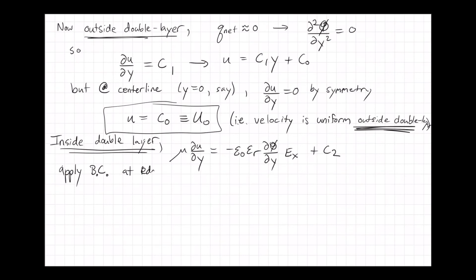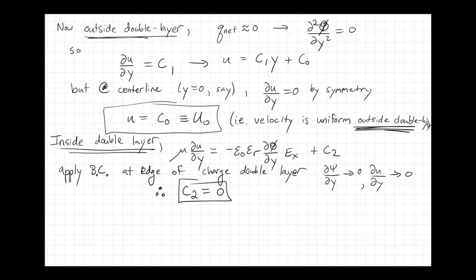Well, one of the easiest boundary conditions that I can think of applying would be at the edge of the charge double layer, on the interior of the channel. At that point, the two solutions need to merge in some way. And so we know that the electrostatic potential should converge towards zero on the inside, or the slope should even out.